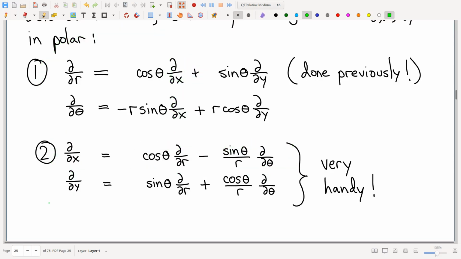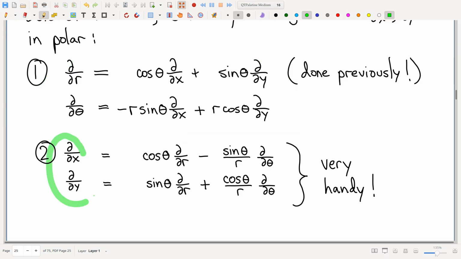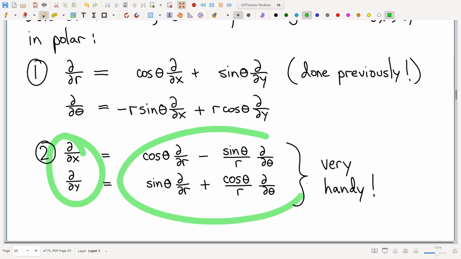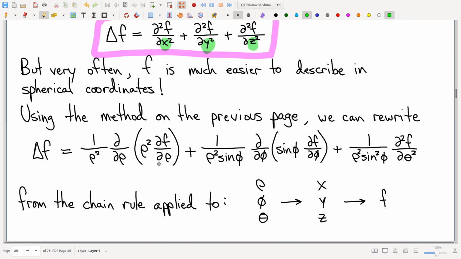Okay, altogether, what have we done? Altogether, we started off by taking the polar partials and writing them in terms of rectangular. And then just by solving, we rewrote rectangular in terms of polar. And I claim that's all you have to do up here. Right?